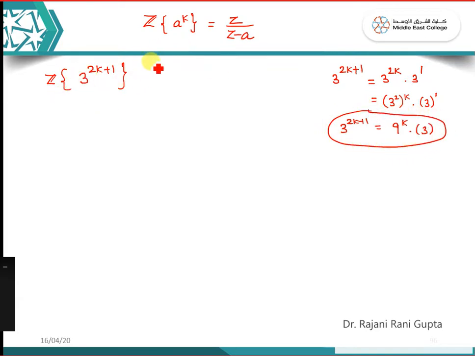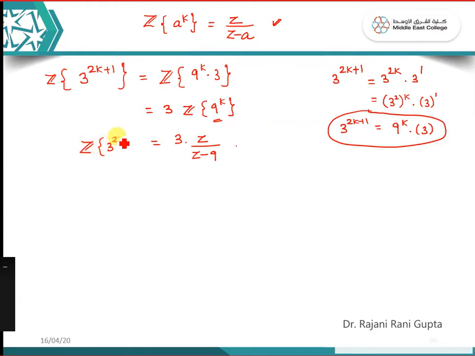So this is the same as z transform of 9 to the power k times 3. Now 3 is a scalar, we can take it outside the operator, z transform of 9 to the power k. Now we have the term 9 to the power k which is in this form. We can use the rule, so it gives you 3 times z over z minus 9. So this is how we work with such kind of questions.